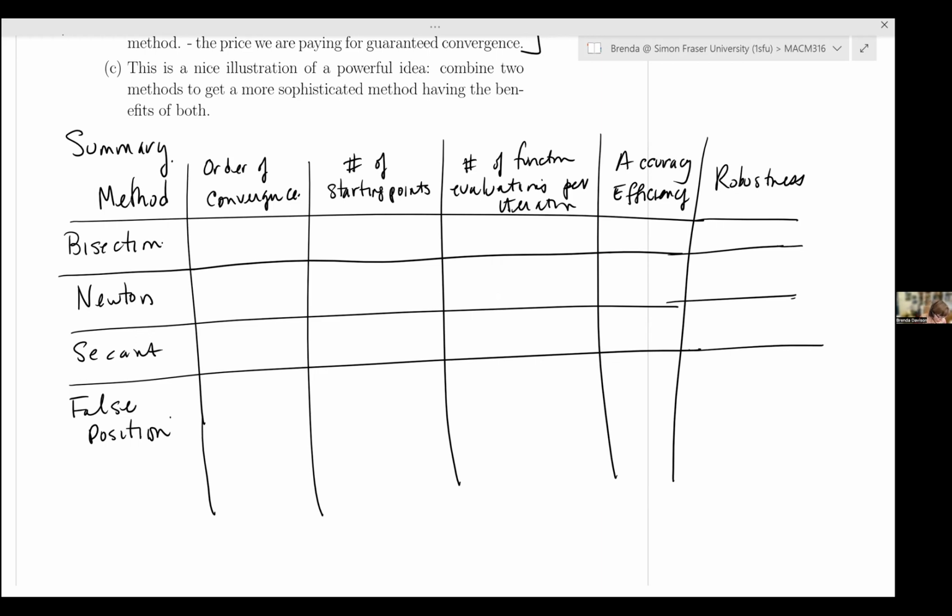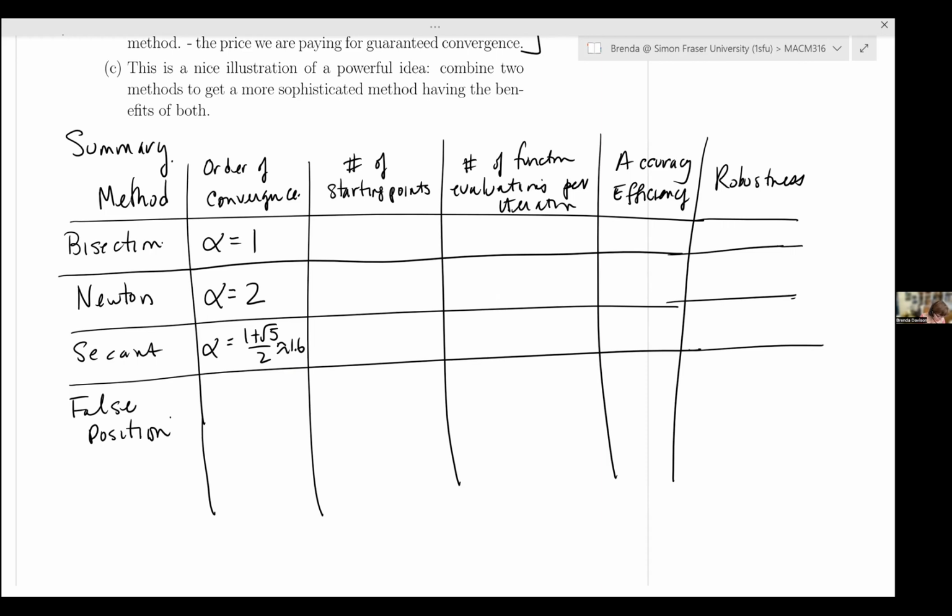Okay, so the order of convergence: we saw that the order of convergence of the bisection method is 1. It's linear convergence. The order of convergence for the Newton method is 2. It is quadratically converging. We just saw in this lecture that the order of convergence for the secant method is 1 plus root 5 over 2, approximately 1.6.